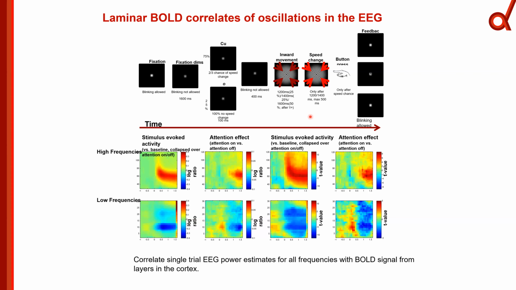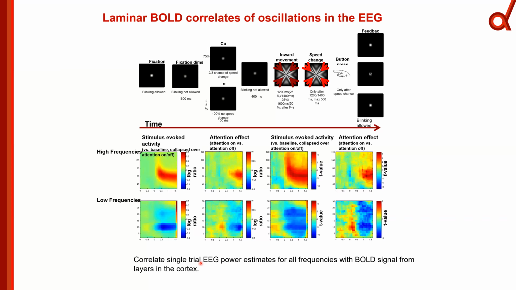So if you look at the experiment going on, fixation, waiting for the motion, inward movement, speed change, recording, we can see the generation of the high frequency and the low frequency signal, which we recorded on the subjects in the scanner.